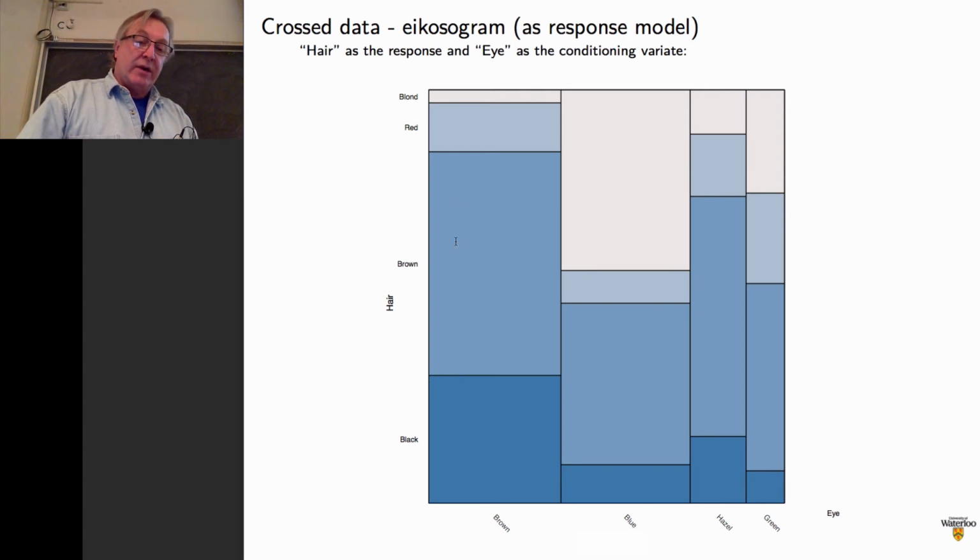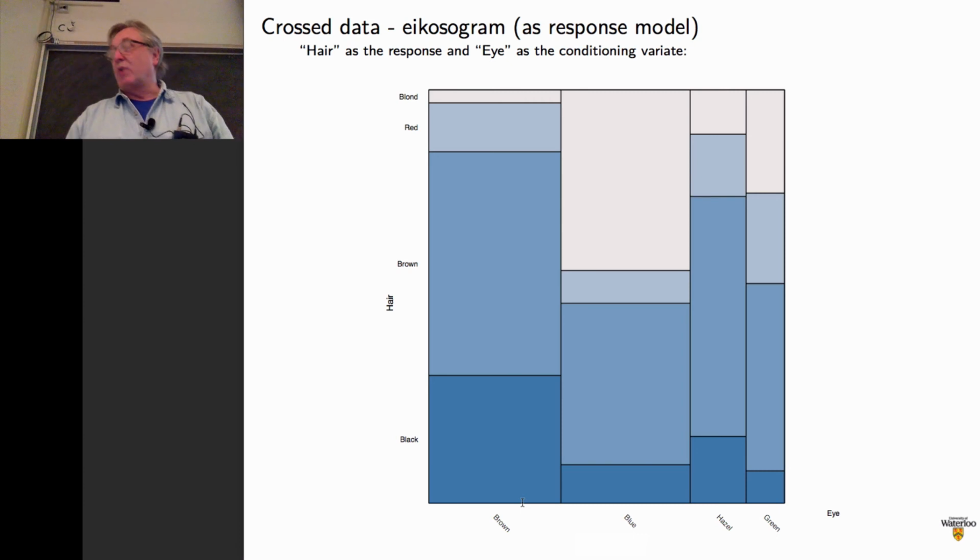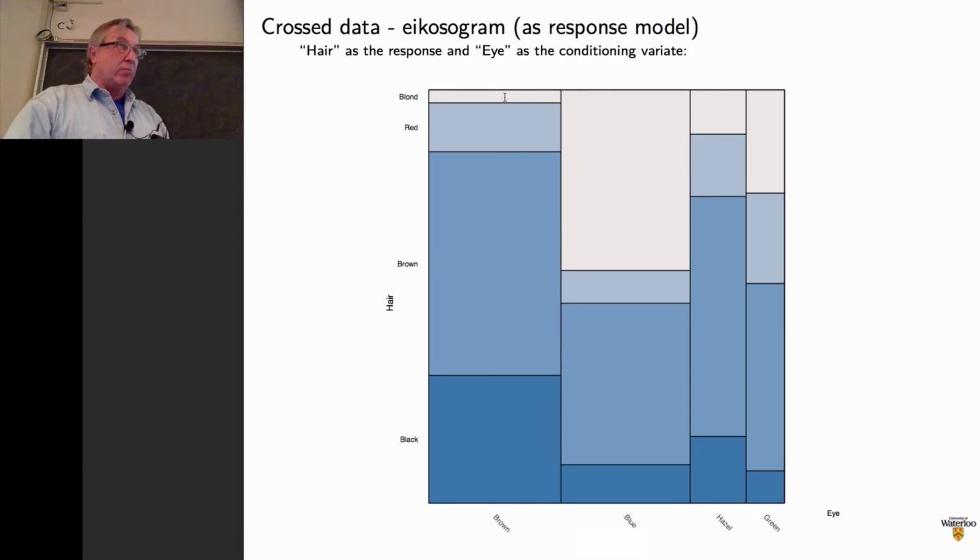The proportion that have brown hair is that height. The proportion that have red hair is that height. And the proportion that have blonde hair is that. And we do that for each of the eye colors. So you can imagine that if I see brown eyes, it looks like the probability of having blonde hair given brown eyes is pretty small.